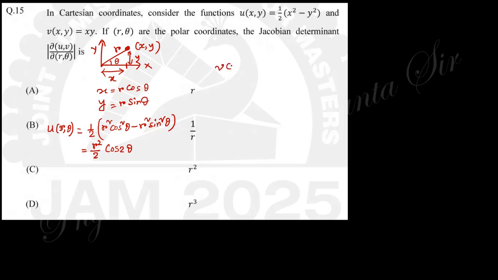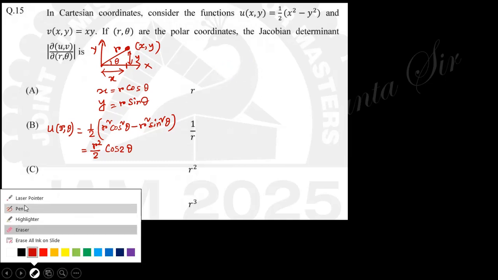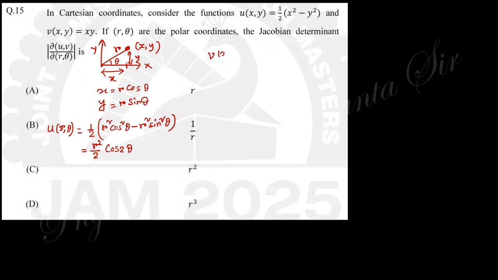Similarly v(x,y) equals xy, where x is r cos theta and y is r sin theta. Divided by 2, 2 sin theta cos theta equals sin 2 theta.